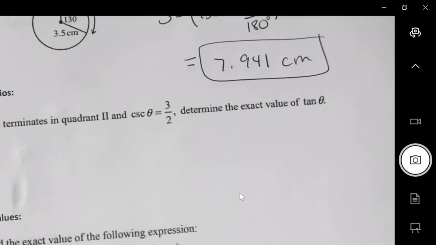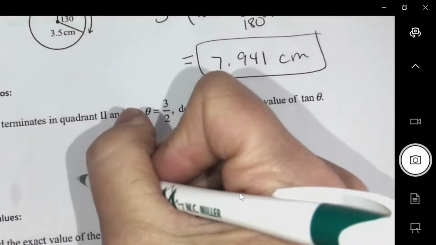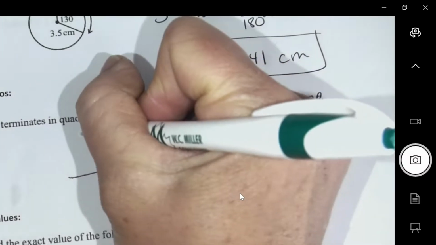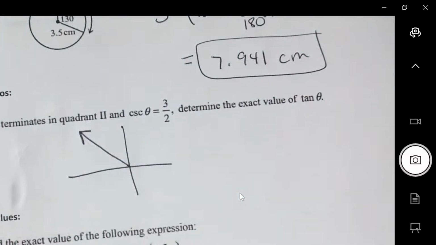If the angle terminates in quadrant 2, and it gave me the cosecant, which is the what letters? And I'm so nice, I'm going to give you that.